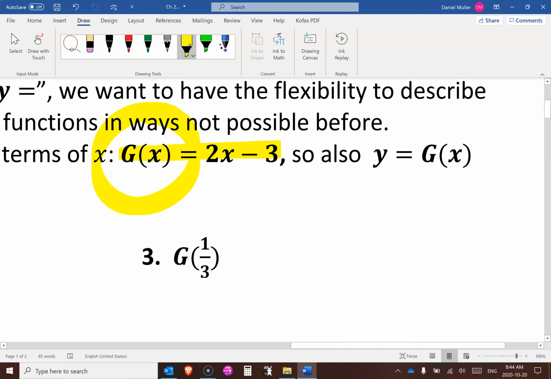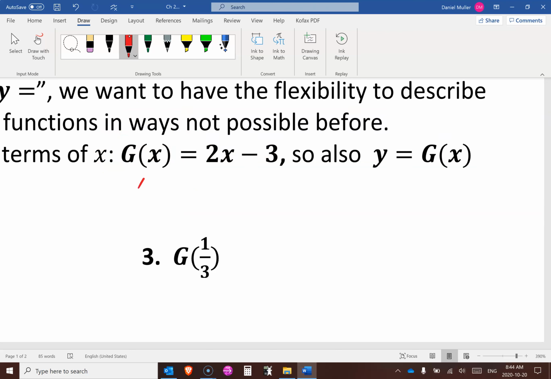This is just g of x, and this just means when x is a particular number. This is just telling the reader that x is going to be some number. And we'll do some examples here, okay?